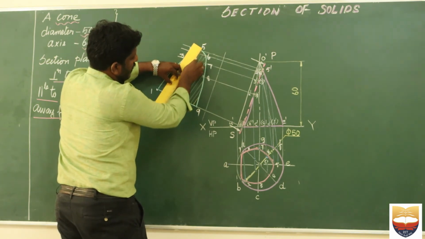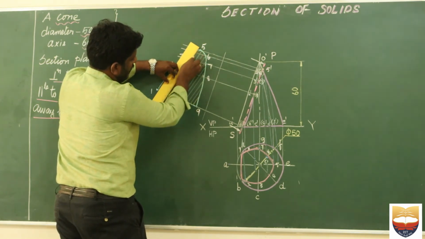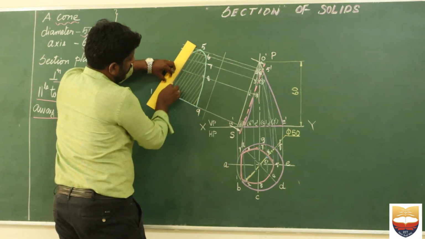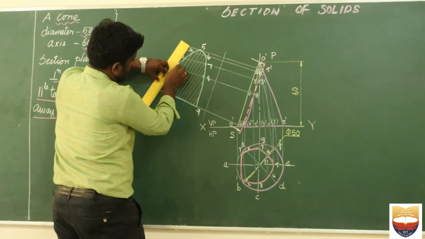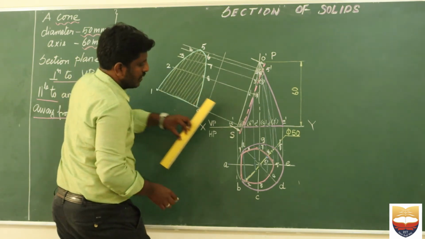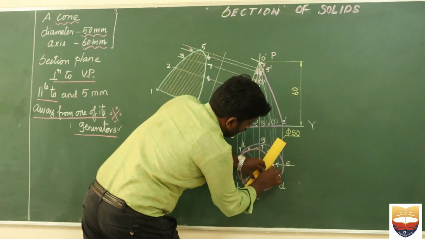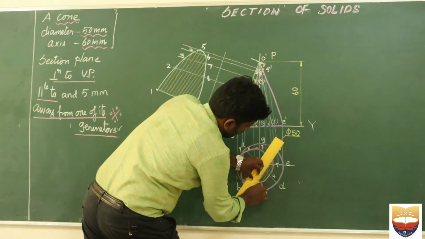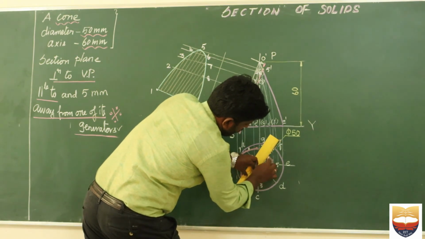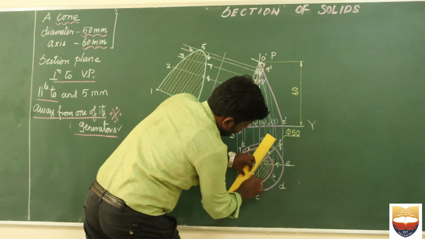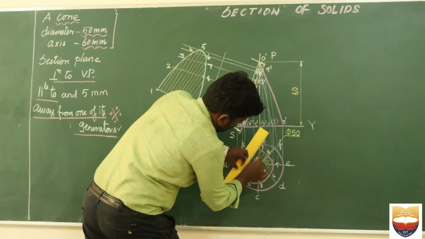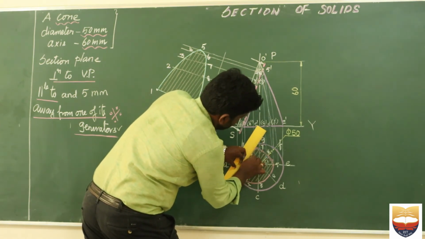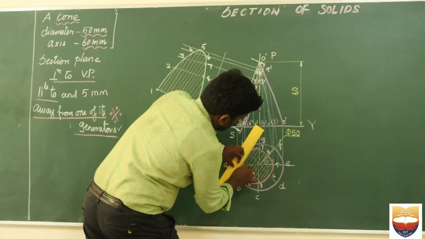But we will be using 45-degree to complete our hatching. It is one of the important problems we are discussing here, and the hatching is to be given here also. All the lines should be parallel and should have a uniform gap.